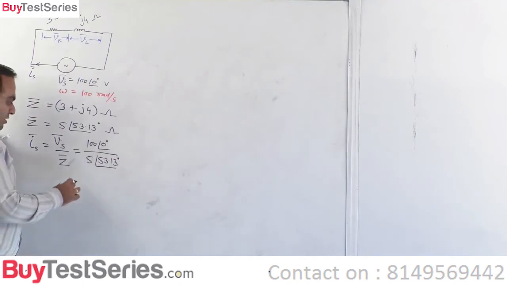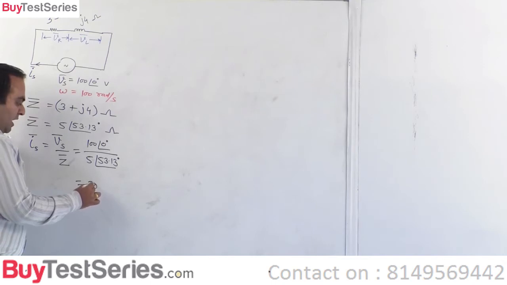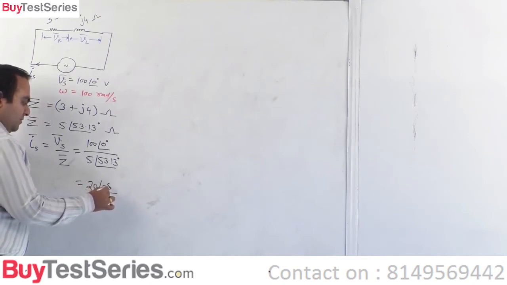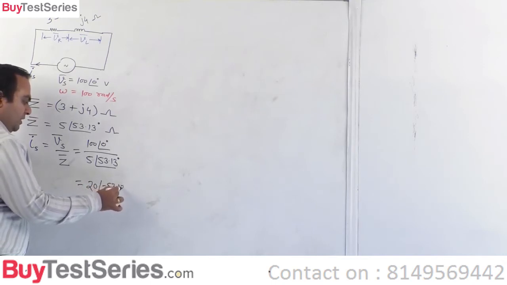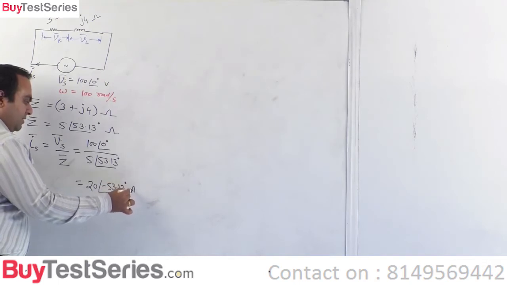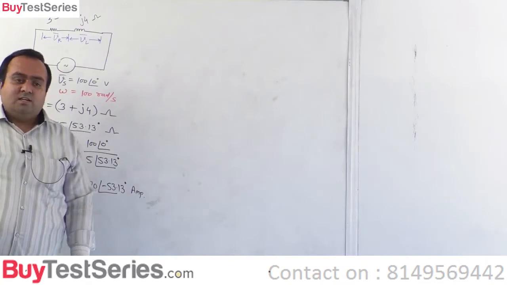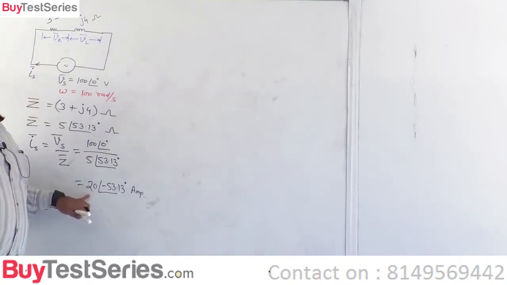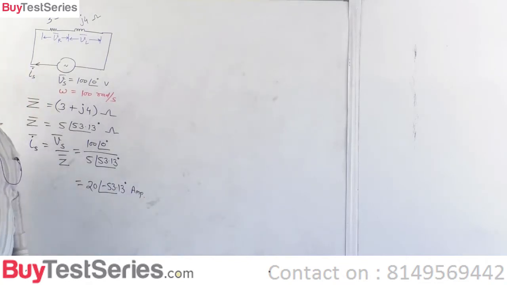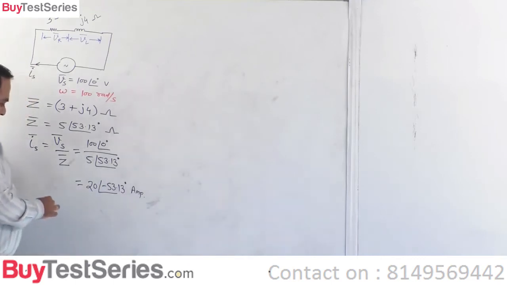Alright, so this becomes 20 angle minus 53.13 degrees amperes. Alright, so this is the current phasor having this magnitude, and it is lagging the supply voltage by 53.13 degrees. This also gives you the information about the power factor at the supply.